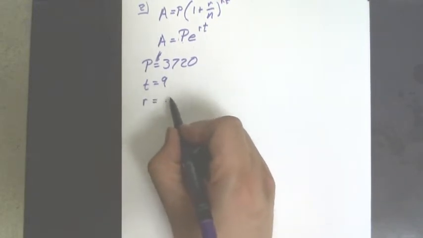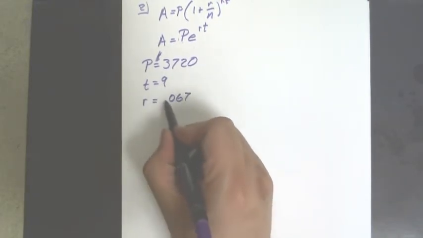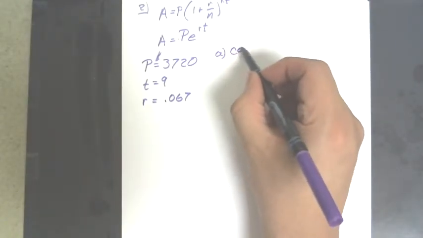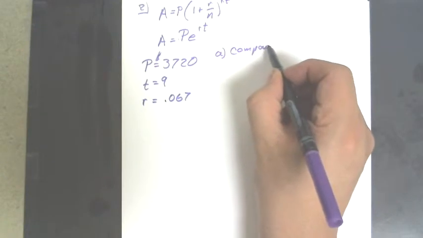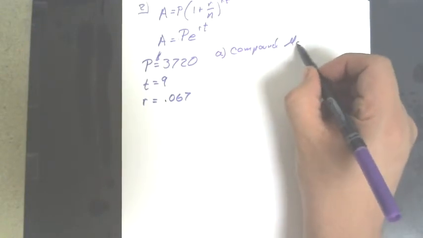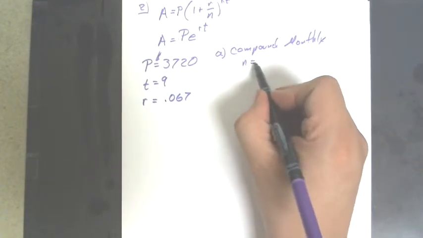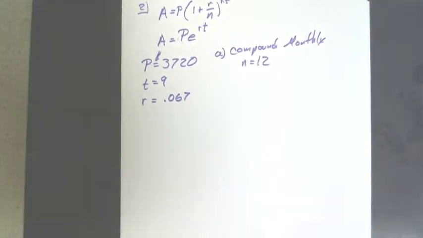So the rate is, however you express it there, be sure to use it in its decimal form. And then in part A, you're asked to compound monthly. So that makes n equal 12 for 12 times per year, there being obviously 12 months in a year.